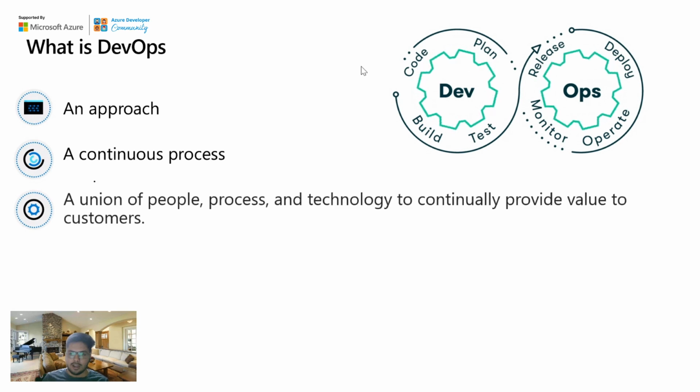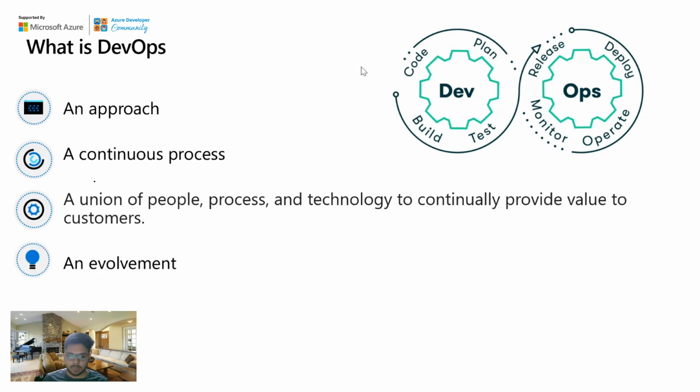There is a beautiful definition given: a union of people, process, and technology to continually provide value to customers. We would be justifying this particular statement in the upcoming slide, that DevOps is a kind of evolvement.